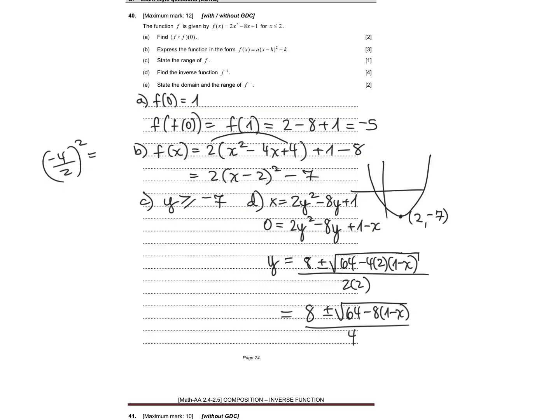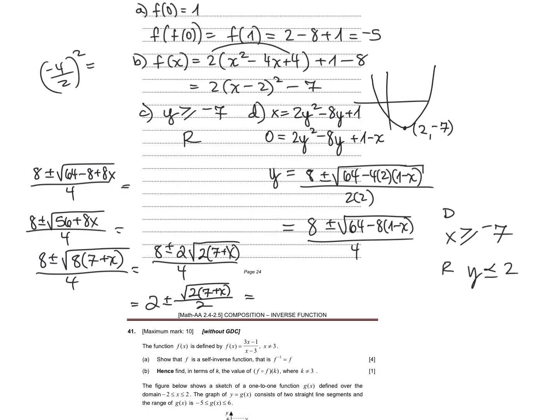So if x is less than 2, we've got the domain of the original and the range, so we should have x's greater than or equal to -7, because remember the domain of the inverse is the range of the original. So this is the domain, and the range is y less than or equal to 2.